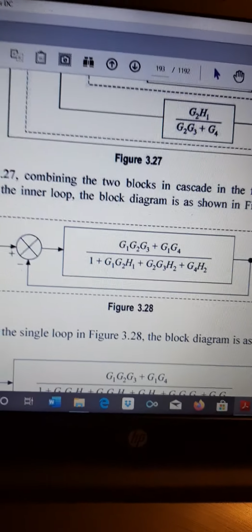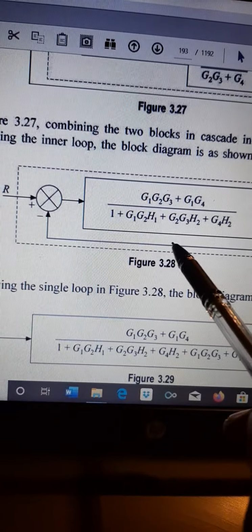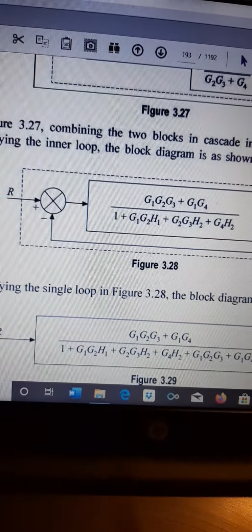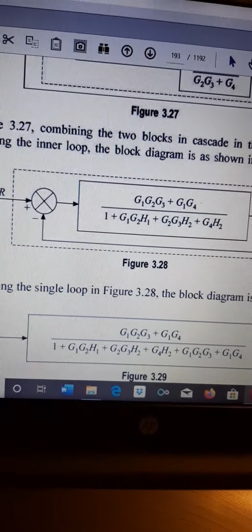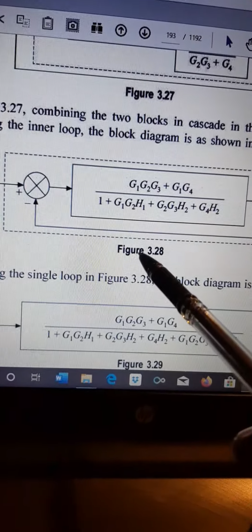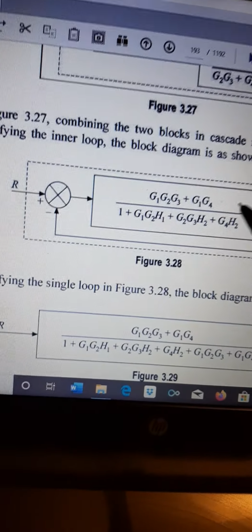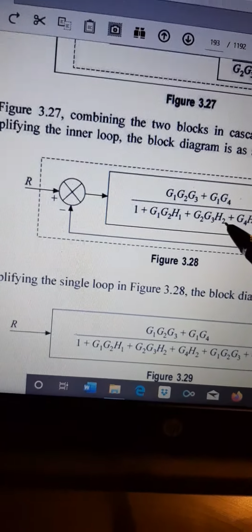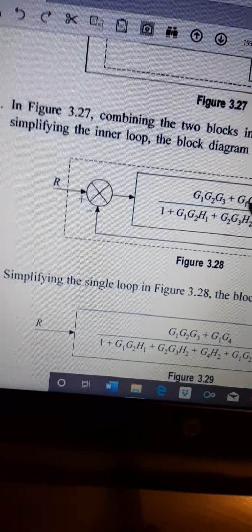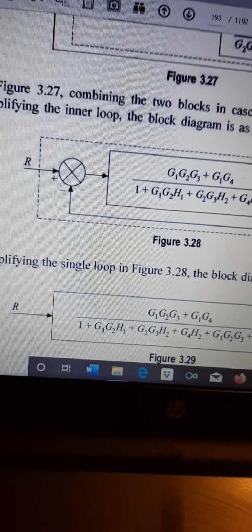With a feedback system with no feedback element, this is nothing but this term divided by 1 plus this term only.